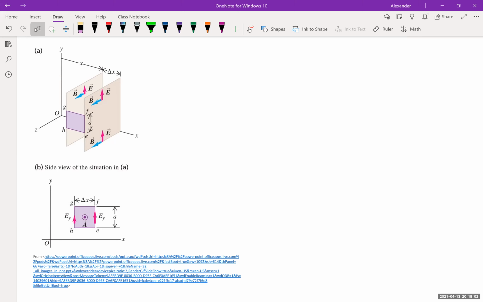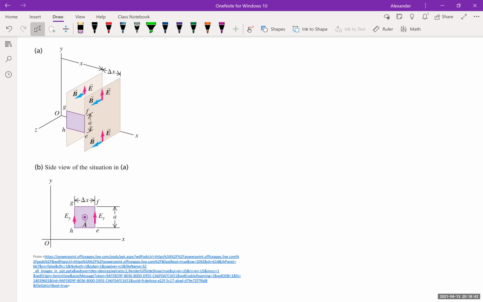Suppose we consider a special case that there exist electric and magnetic fields as oriented here, with magnitudes that could change from plane to plane, but which are constant, uniform on a given plane.